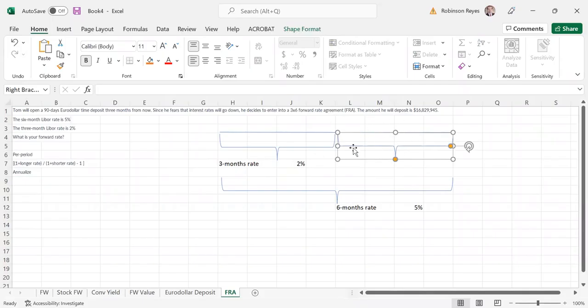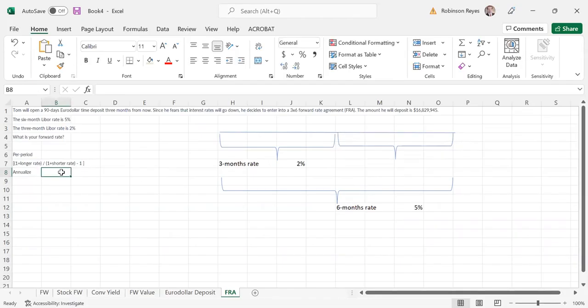If we wait for 3 months and then we open this deposit at this point in time, we would open it for 3 months only. So whatever the solution of this problem is, we will get it in quarterly terms in this setup. So then we annualize it by dividing by 90 divided by 360, by dividing by 0.25, right?